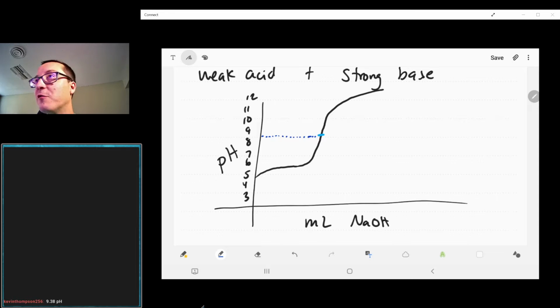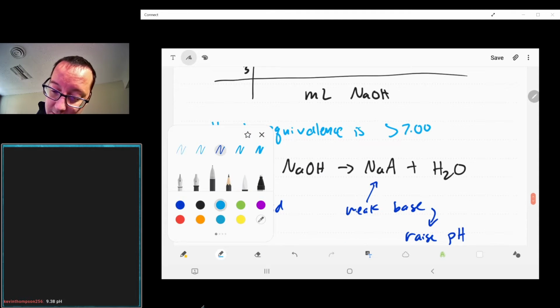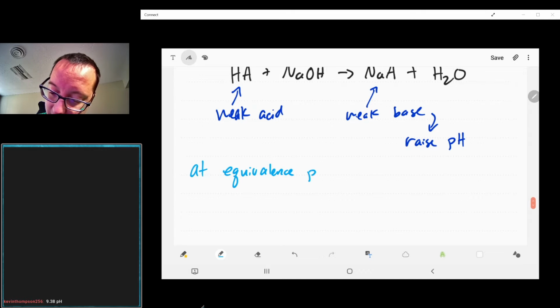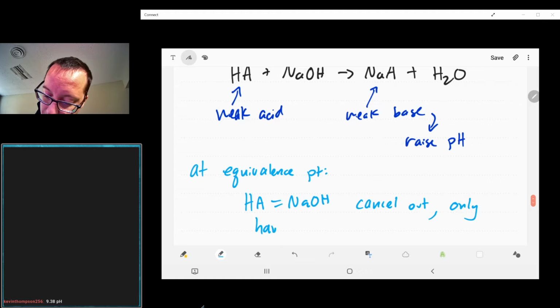Just making up the graph, but it definitely is bigger than 7 because we're left with a solution of weak base afterwards. So at the equivalence point, once those guys are equal, they kind of cancel out. And so we only have A minus and water.